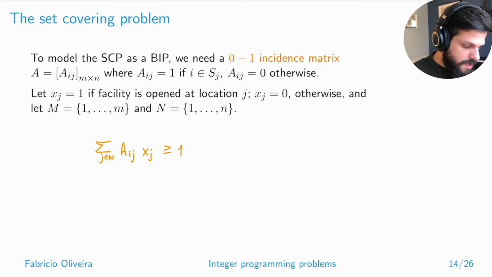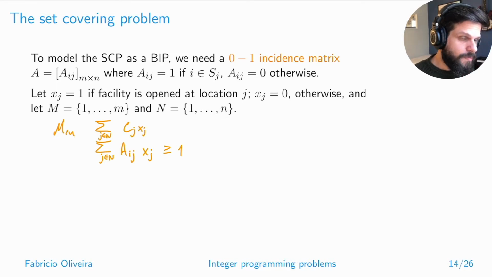1. Notice that this is an interesting sort of thing that can vary in different problem settings. If you are willing to allow for overlapping, then it has to be at least greater than or equal to 1, because it might be that your selection minimizes the cost, which by the way we can put in here as minimizing the sum over j in N of cjxj, the cost for locating the facilities.